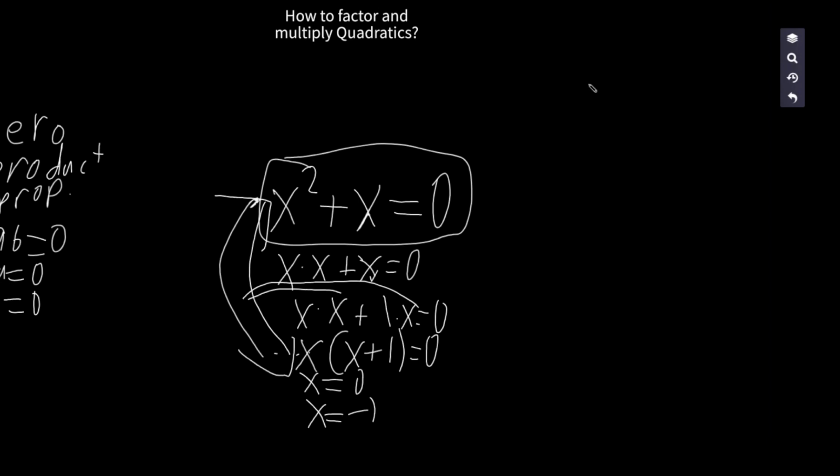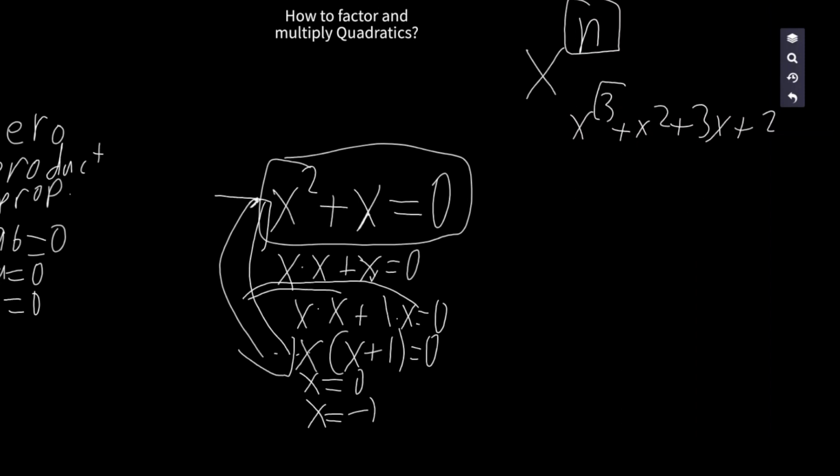In fact, if you have a polynomial of degree n, and degree just means the highest order term, so let's say we have x squared plus 3x plus 2, then this is going to have 2 solutions. And if the highest term is n, then that means it's going to have n different solutions.